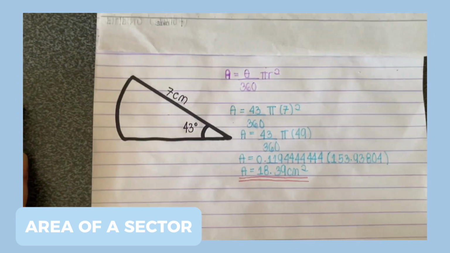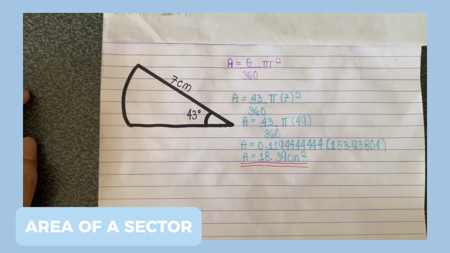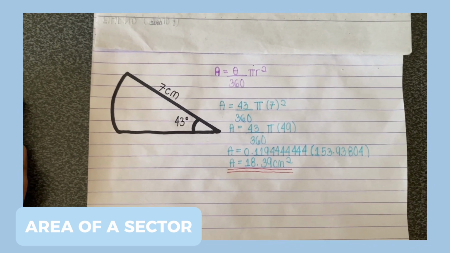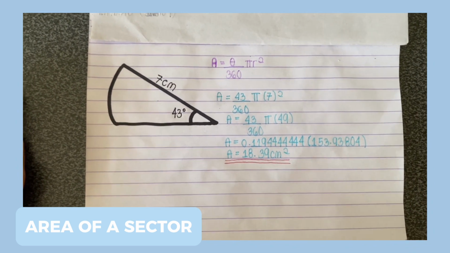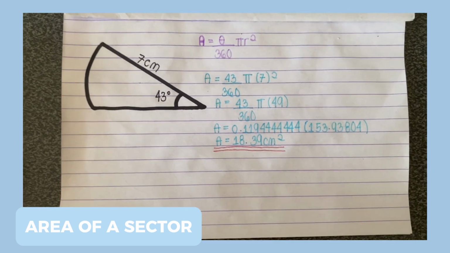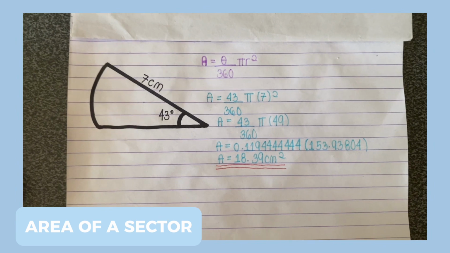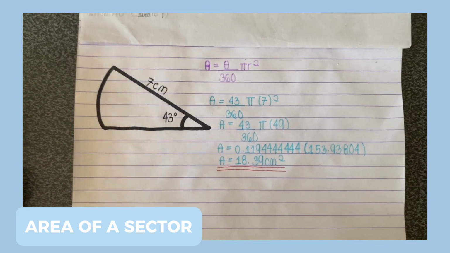And I also solve for 43 over 360 and pi multiplied to 49, and then I also multiply them both, and the answer that I got is 18.39 centimeters squared, which I also rounded off to 2 decimal places.